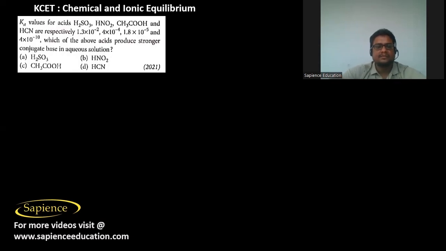Then here it is told that Ka values for the acids H2SO3, HNO2, and CH3COOH are these. Which of the above acids produce stronger conjugate base in aqueous solution?